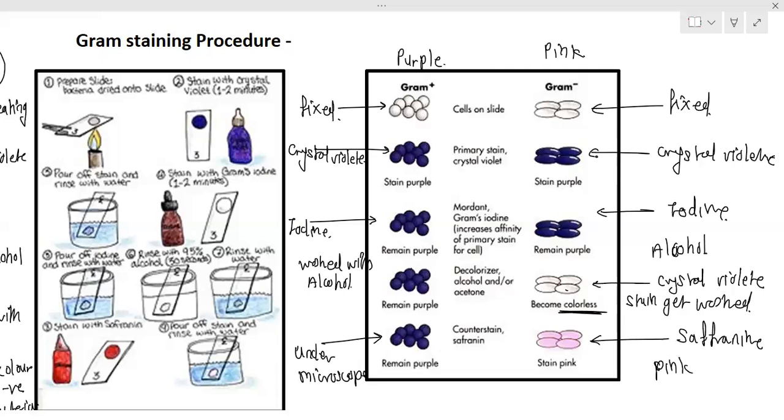As they became colorless, they took up this pink color. So gram negative bacteria appeared pink and gram positive bacteria appeared purple in color. This is what happened.